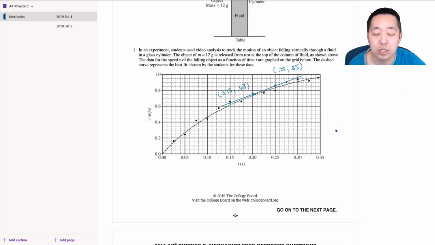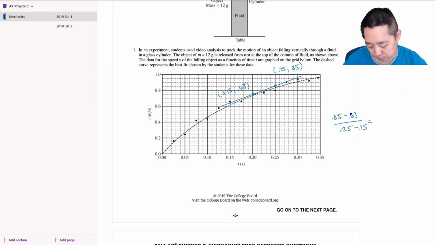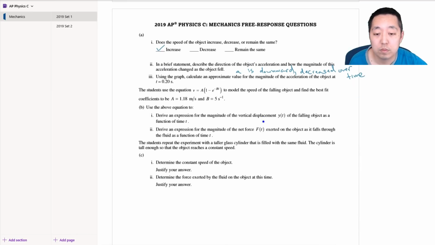And so the slope would be 0.85 minus 0.63 over 0.25 minus 0.15. So I would get 2.2 meters per second squared, about. So 2.2 meters per second squared.